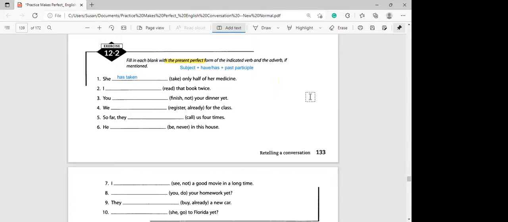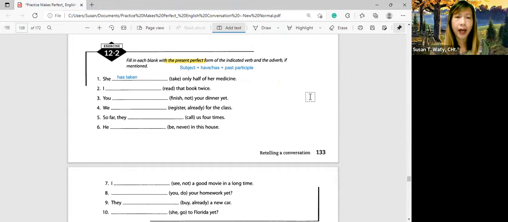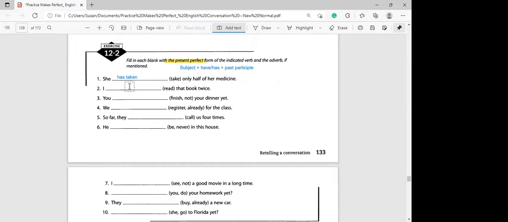Okay, let's do number two. I, blah blah blah, read that book twice. I'll have Risky try number two. I have read that book twice.